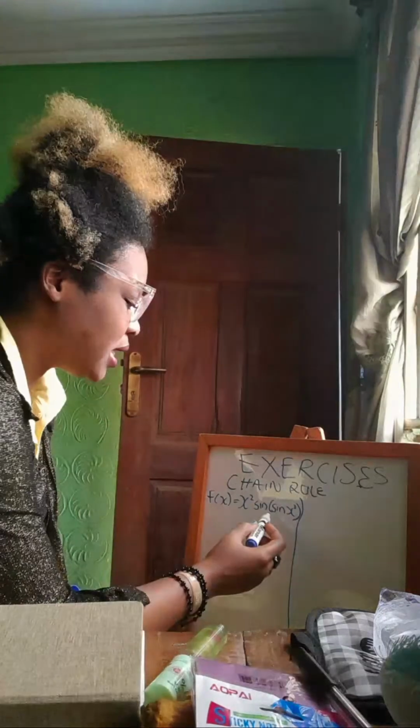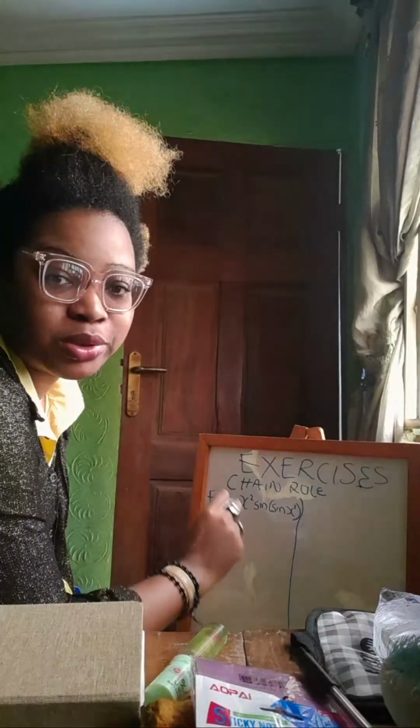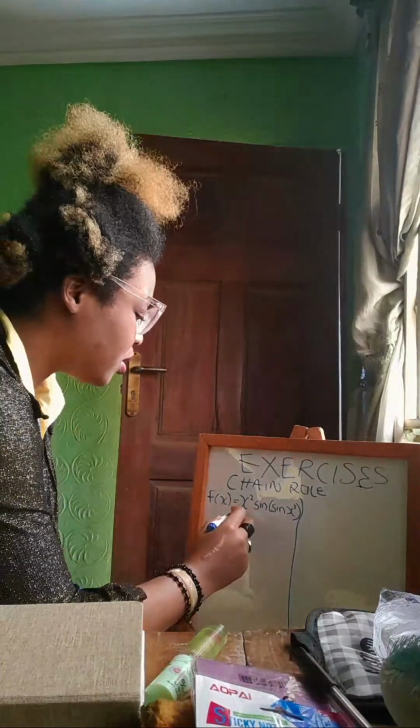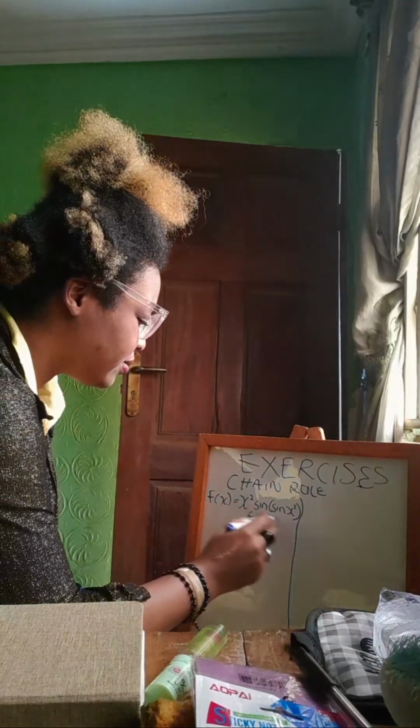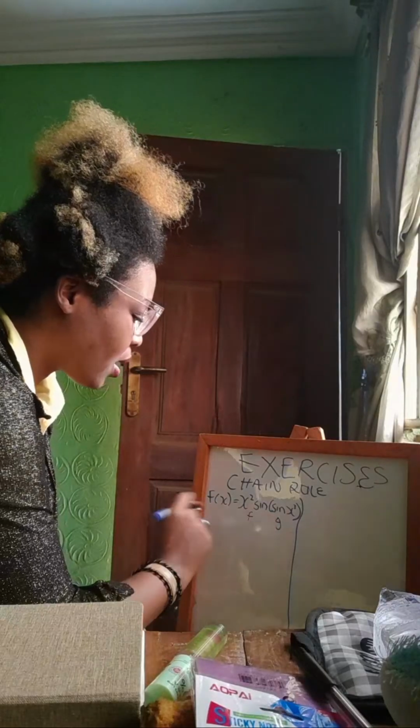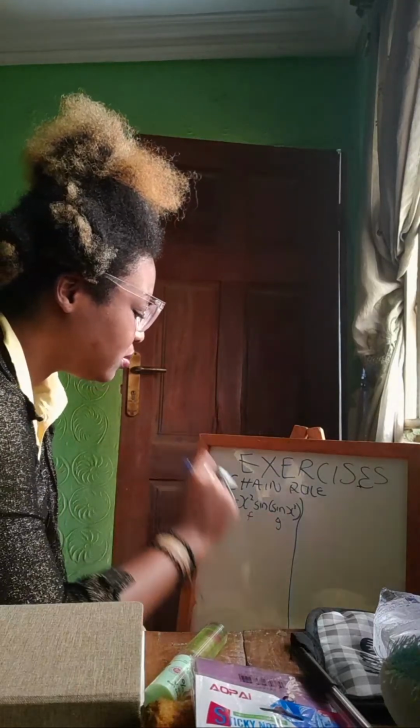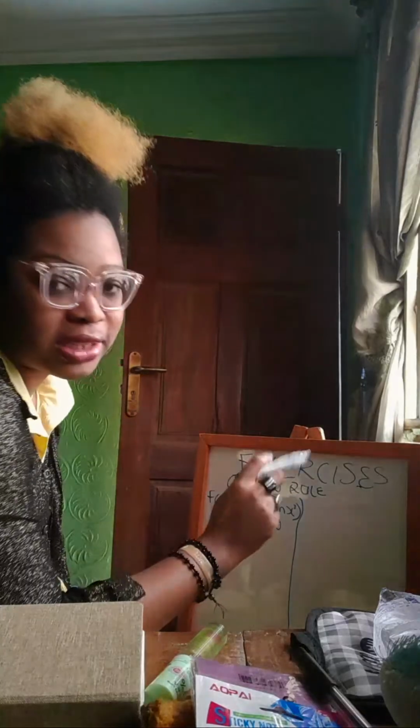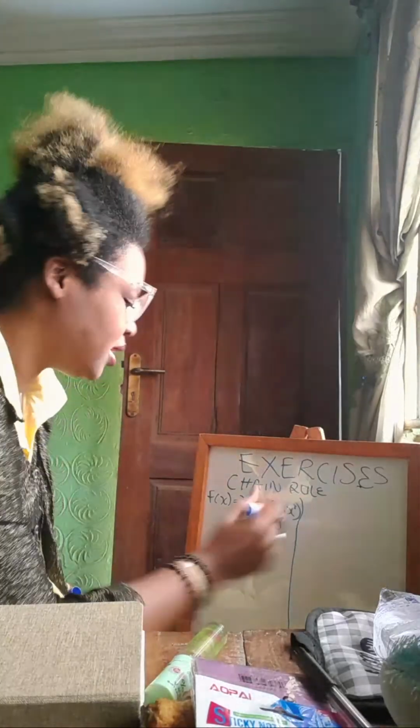This looks like something that requires use of the product rule here. Product rule is like, this is F, this is G, and you multiply F with G differentiated and G with F differentiated.